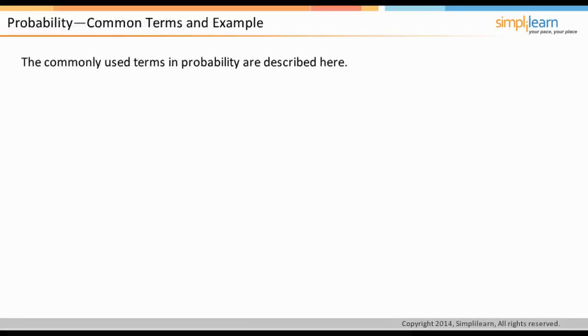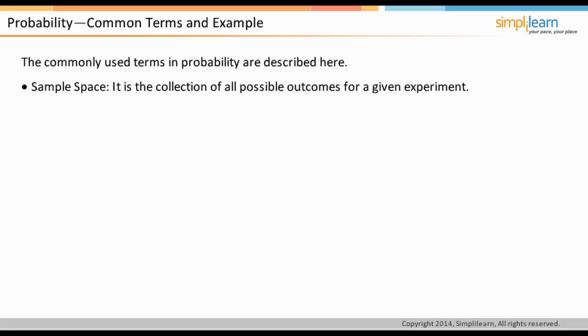In this screen, let us look at some common terms used in probability along with an example. The commonly used terms in probability are sample space, Venn diagram, and event. Sample space is the collection of all possible outcomes for a given experiment. In the coin example discussed earlier, the sample space consists of one instance each of heads and tails.